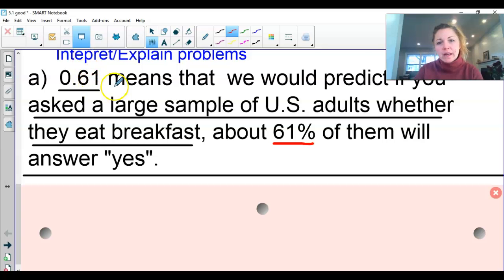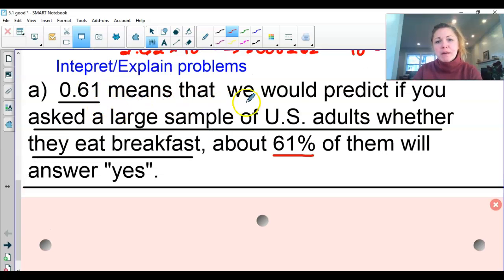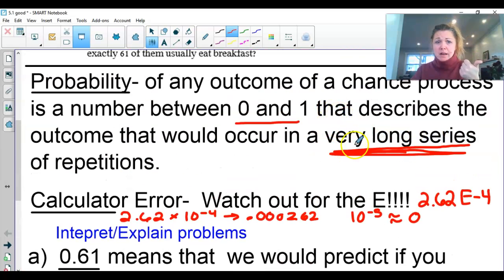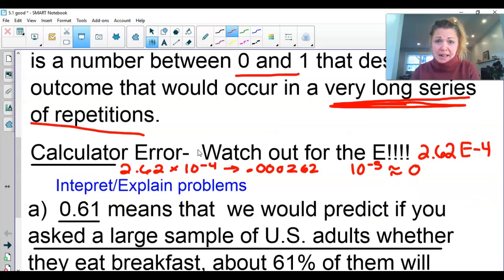We told the story, okay? 0.61 means that we would predict, because it is a prediction, if you asked a large sample of US adults. There's our large sample size, guys. I talked about that right here: a very long series of repetitions. So we're not saying a very long series of repetitions because we're putting it in context.